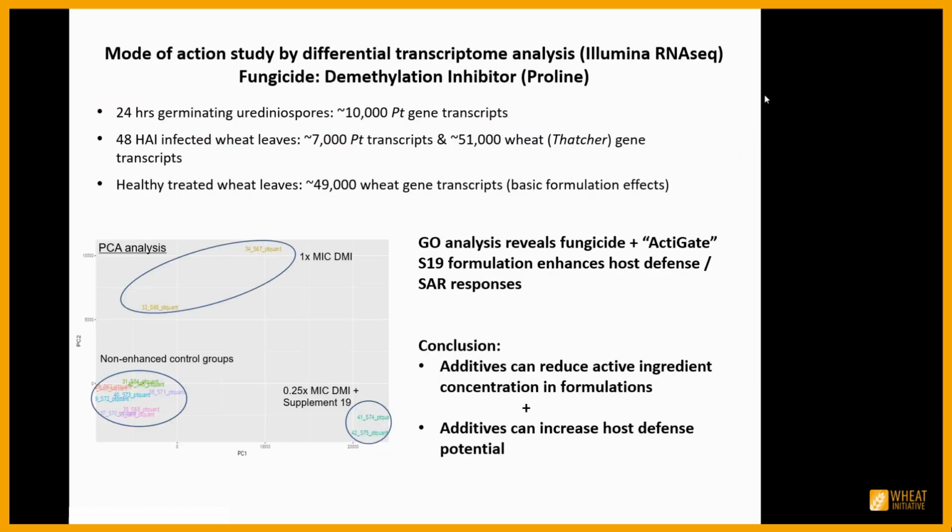We also looked at the mode of action using transcriptome analysis. To make a long story short, we do see that some of the additives are enhancing host defense responses, even a systemic acquired resistance response. So this is an interesting development that we're following up on.